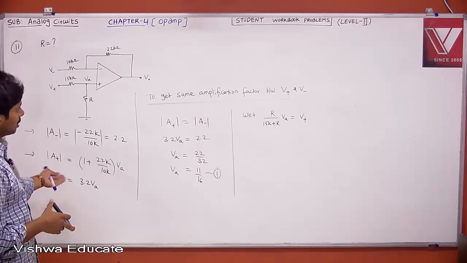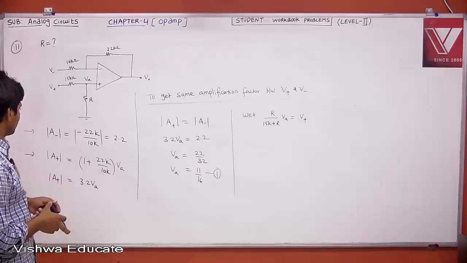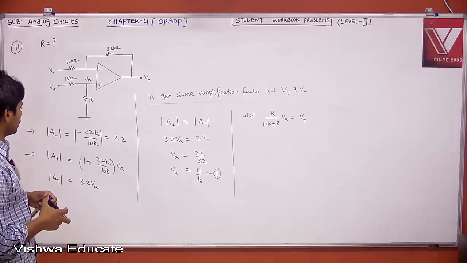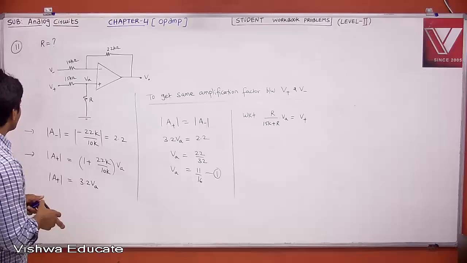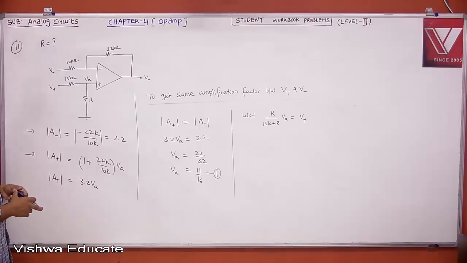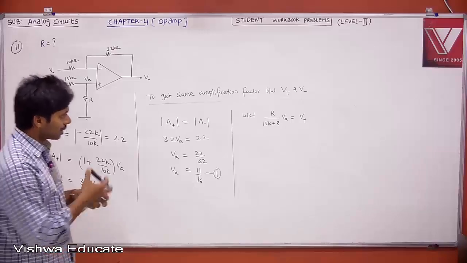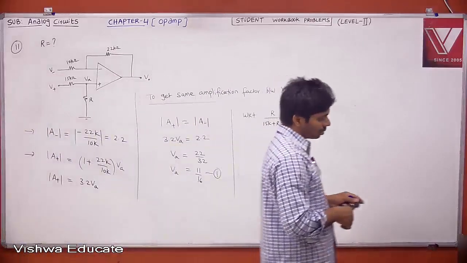From here we can get it. What is A plus? A plus is nothing but V naught divided by V plus. Then V naught is equal to 3.2 into VA into V plus. Try to substitute and solve, and you will get the answer.